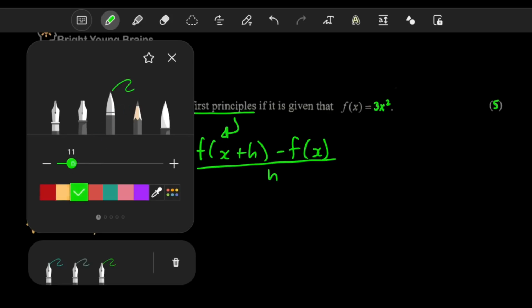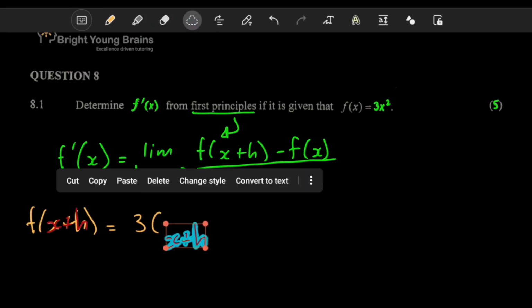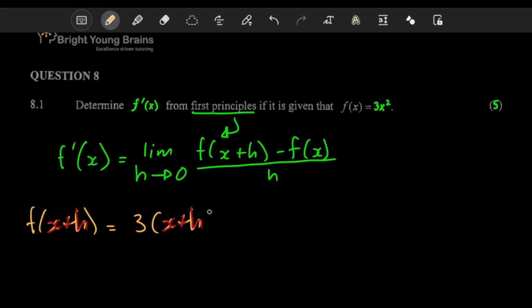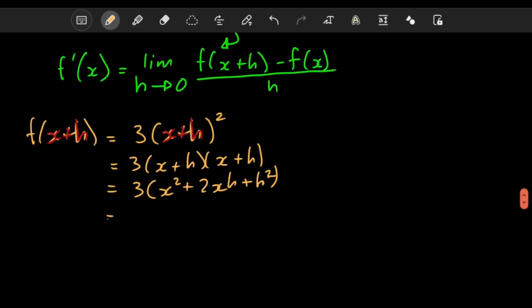So doing that, you're going to end up with 3, and wherever x is, we throw in x plus h, and then the whole thing is squared. There you go. Let's just simplify, and then you can multiply the 3 inside.